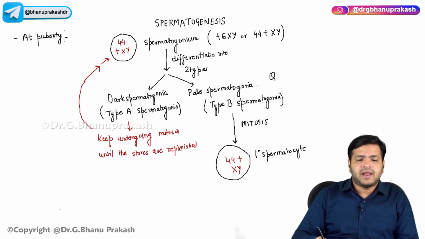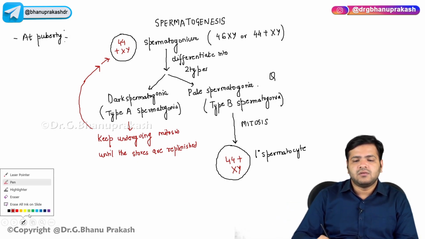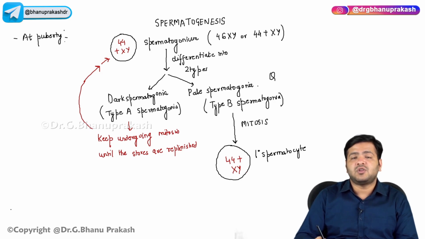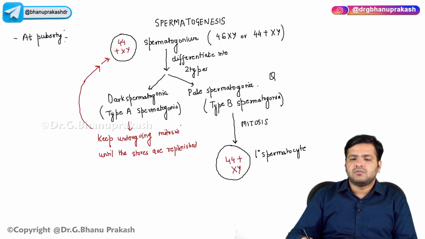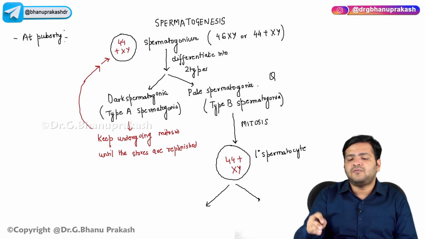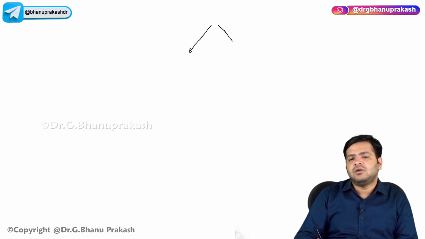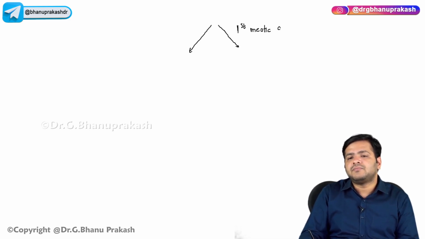Now, this primary spermatocyte, I will draw it on the next slide, but you will continue with the same flowchart. This primary spermatocyte will undergo the first meiotic division.